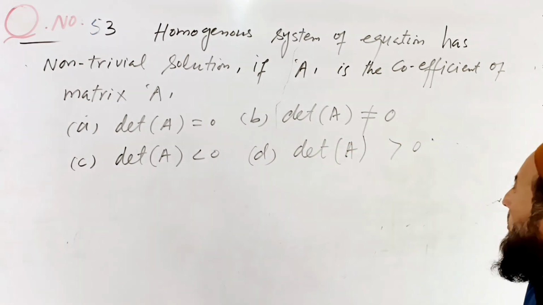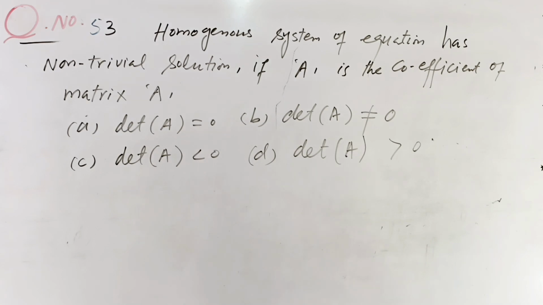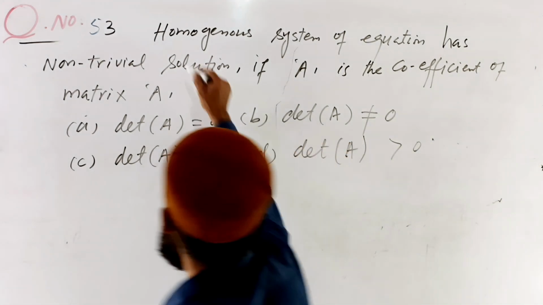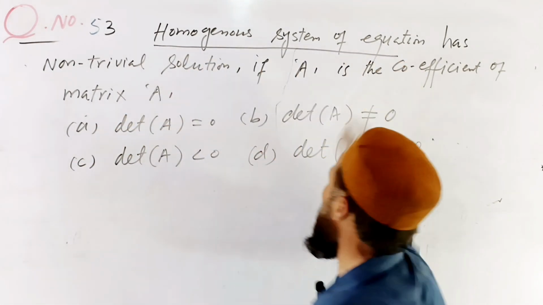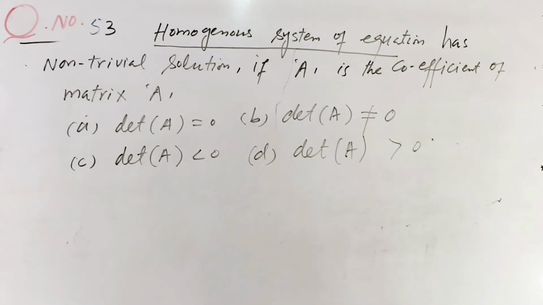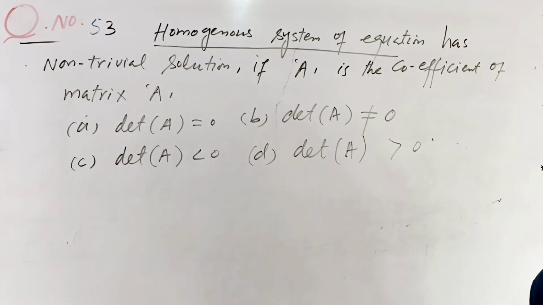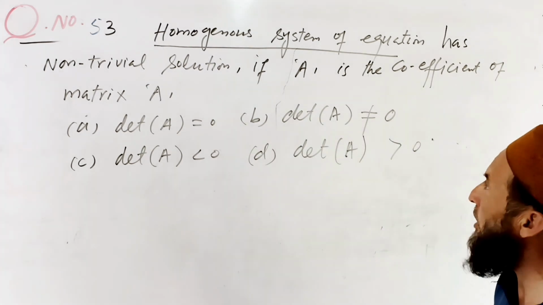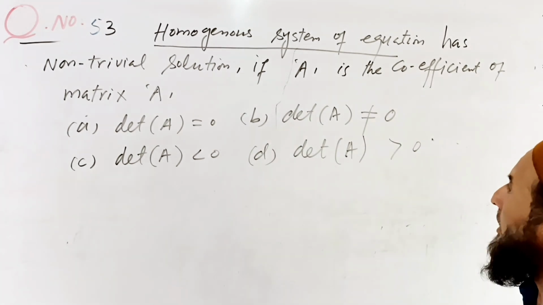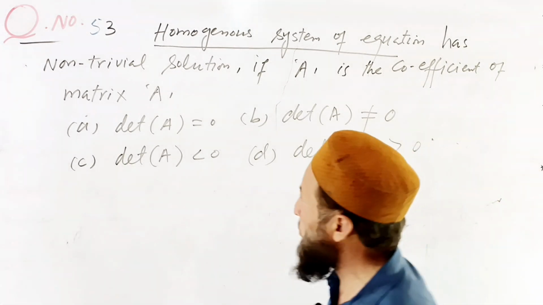So which condition holds for the homogeneous system of equations? A homogeneous system of equations is those type of equations where the exponent of the variable must be equal to 1, and the right side b values must be equal to 0. So that is called a homogeneous system. And here is a non-trivial solution.